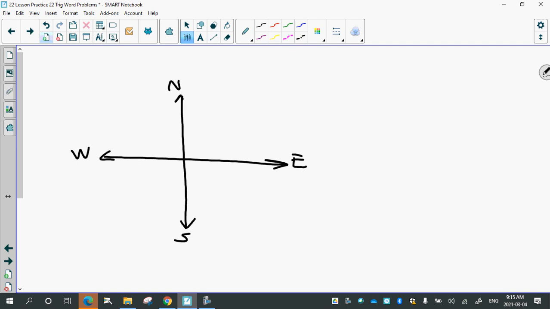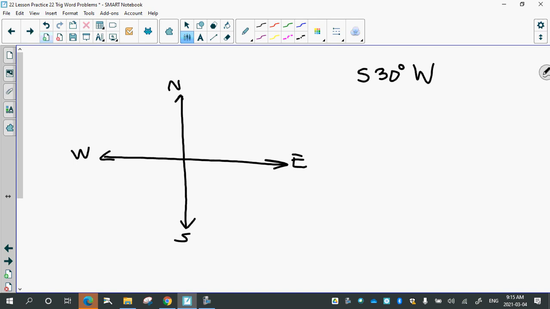Okay, so I want us to draw the bearing south 30 degrees west. Once you catch onto it, it's easy, but you just have to catch onto it first. And I don't want it to be in the middle of a question where we're also doing trigonometry. Just get the angles. Okay?